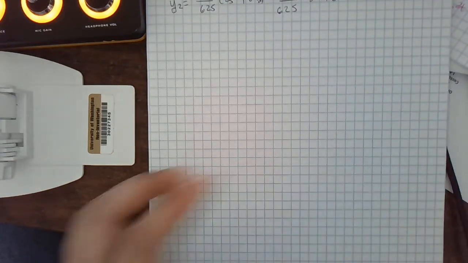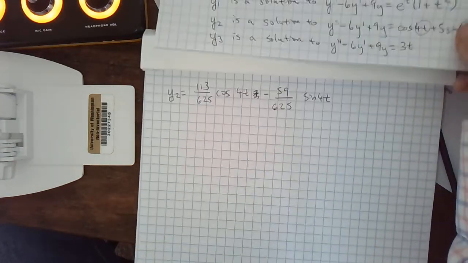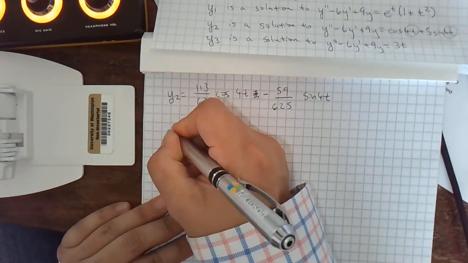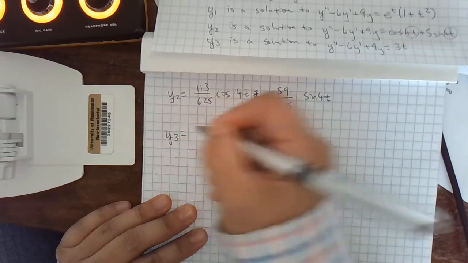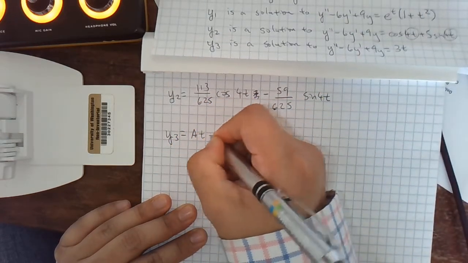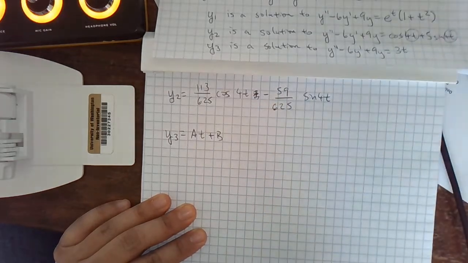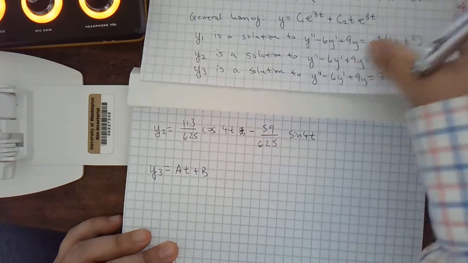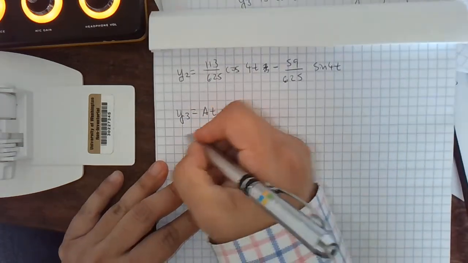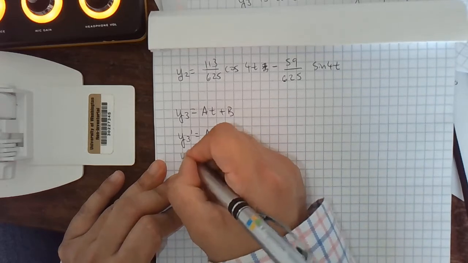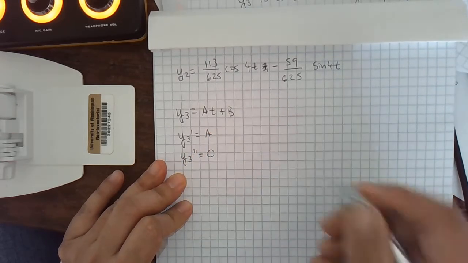Okay, y3 is going to be the easiest because that differential equation is easy. So y3, we're going to guess a general linear thing, so at plus b. We're lucky nothing had terms in here, otherwise we would have had to multiply by a t and everything would have been uglier. Okay, so y3 prime is going to be a. That's great. y3 double prime is going to be 0. So nice.